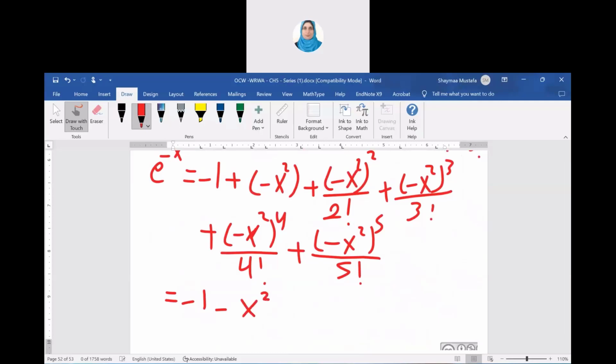Minus x squared. Now the minus with the square will go, so you have plus x to the power 4 over 2 factorial, minus x to the power 6 over 3 factorial.